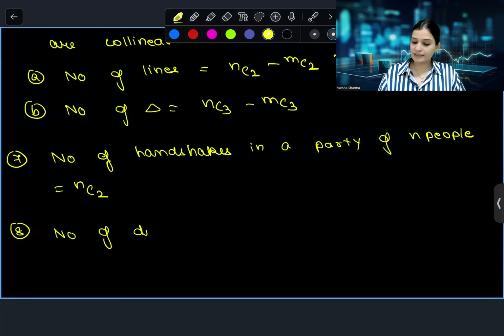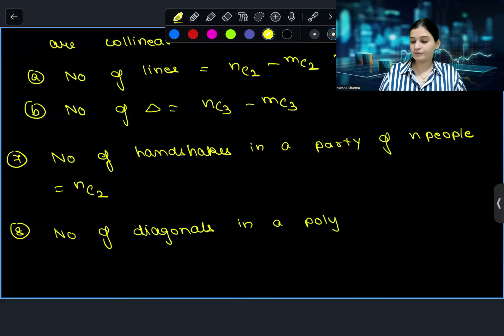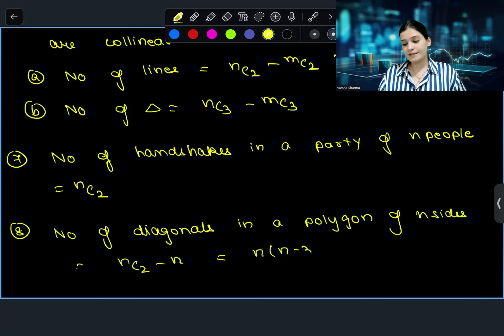Number of diagonals in a polygon of n sides or n vertices: number of lines minus n. That is NC2 minus n, which is n(n minus 3) by 2 if you open it. If you open it, then it becomes this: n(n minus 3) by 2.